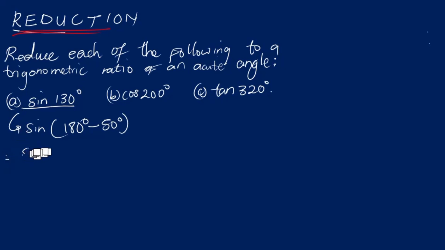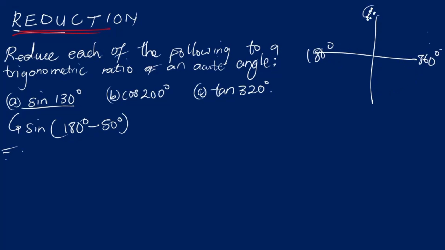We need a Cartesian plane to decide that. So here's a Cartesian plane. This is 180 degrees. This is 360 degrees. Right, 90 and 270. And here's a CAST diagram. We need that casting.